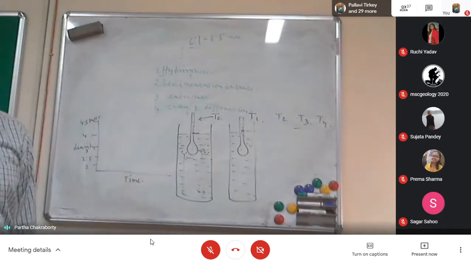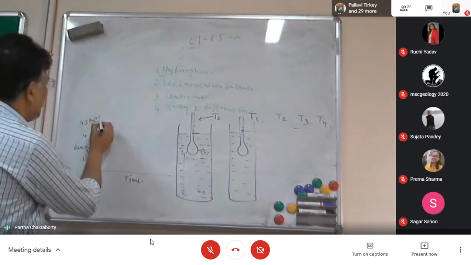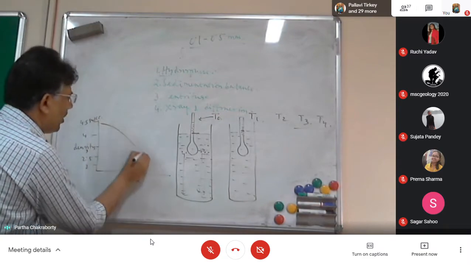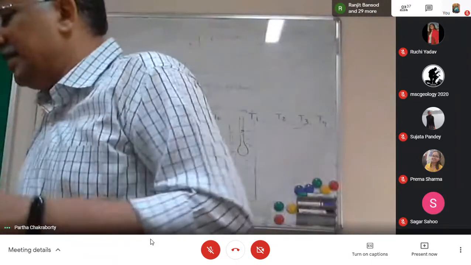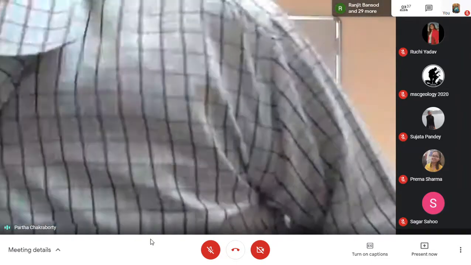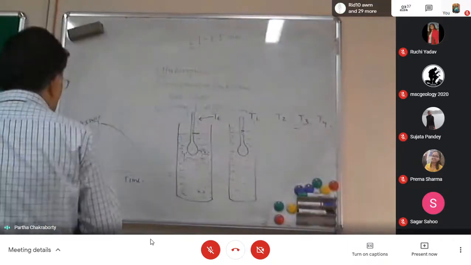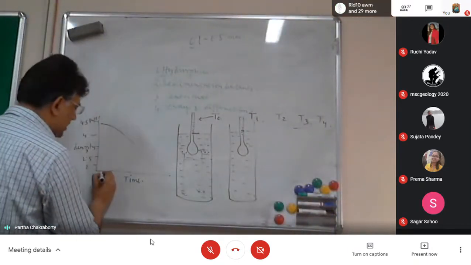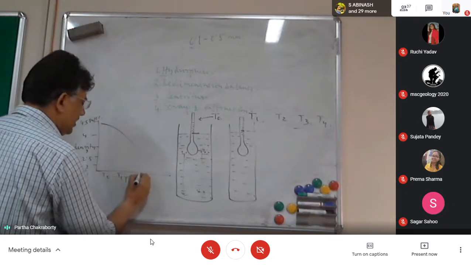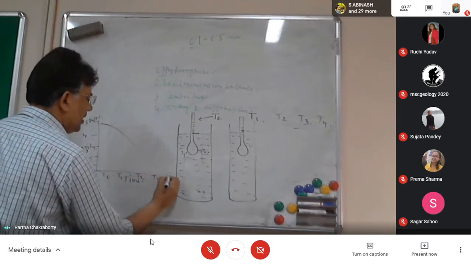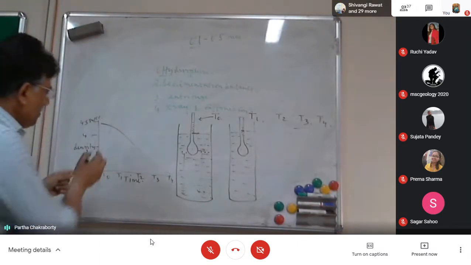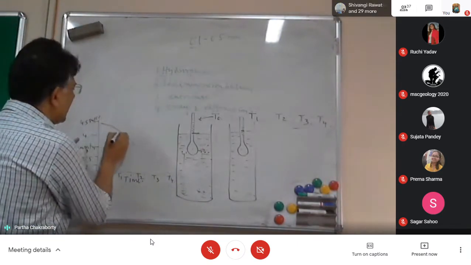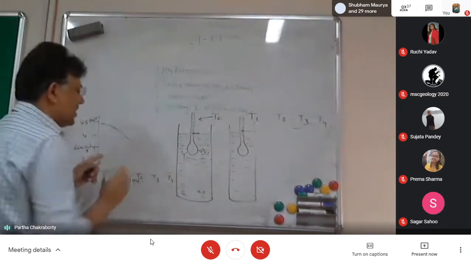The curve will go like this: T0, T1, T2, T3, T4, the different times, and the density is decreasing with time.